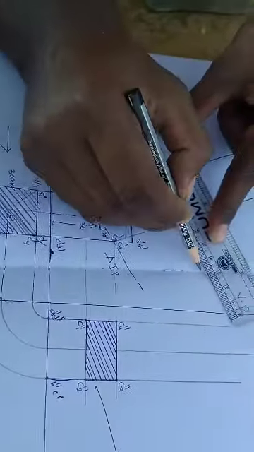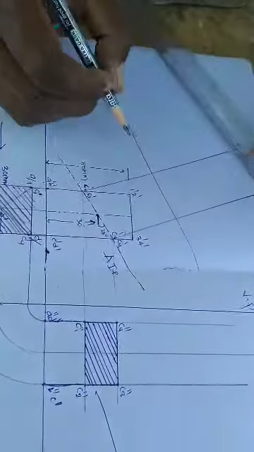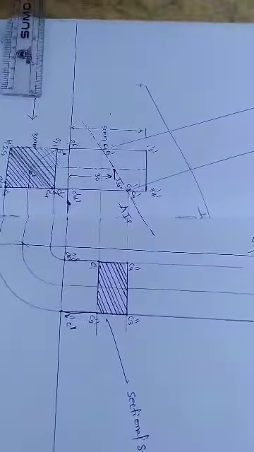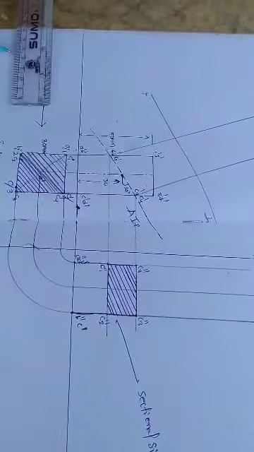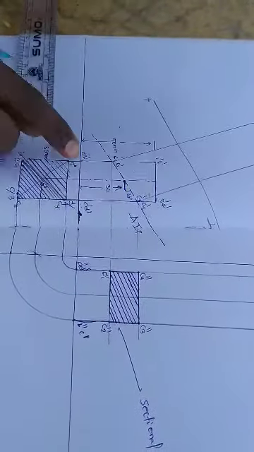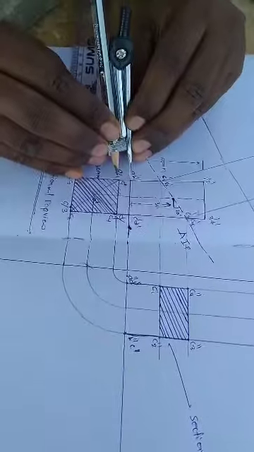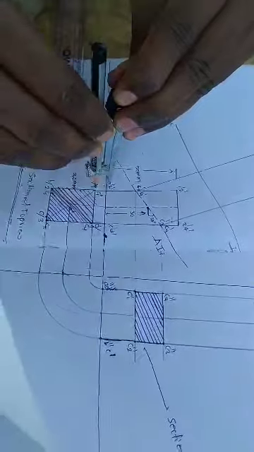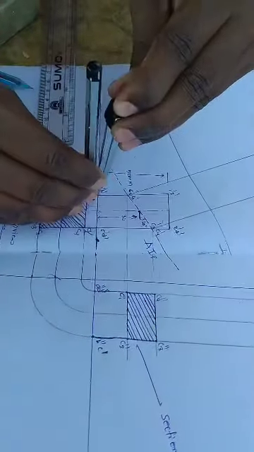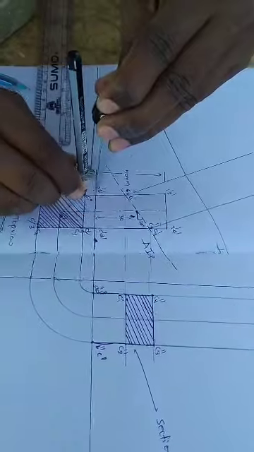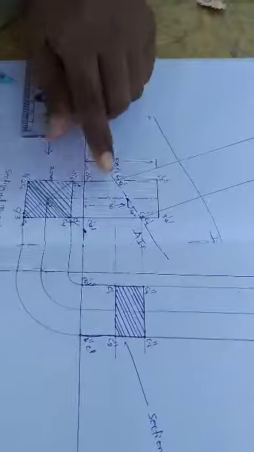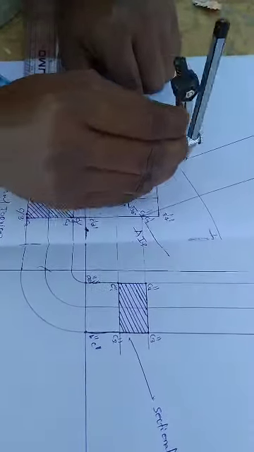You have to draw a baseline. This is X and this is Y. Next, with the help of your compass, from this baseline measure this distance from the C1 projection and make an arc.